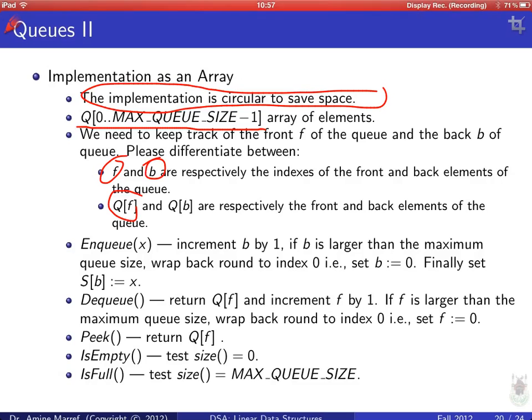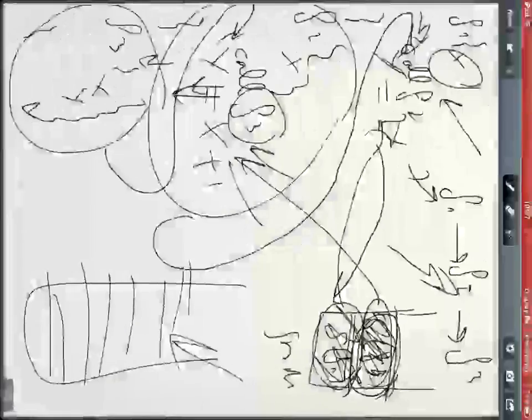And then Q of back equals C. And this gives us C here, right? So this is how we do enqueue. We increase the back, and then we do the assignment. Now dequeue. How do we do dequeue?